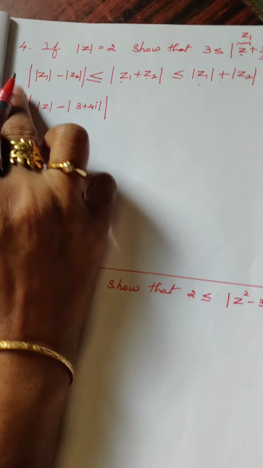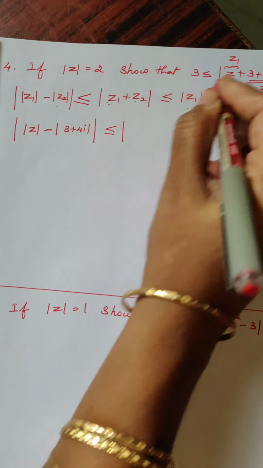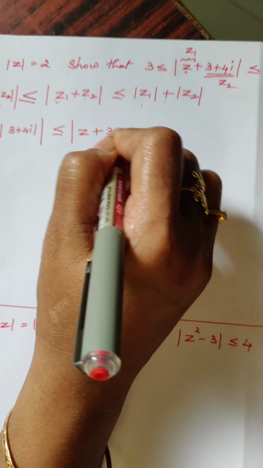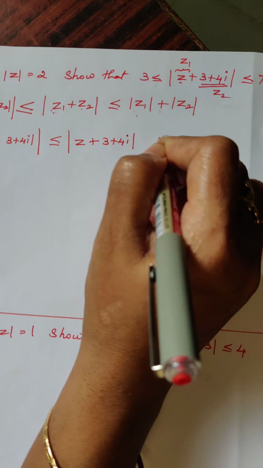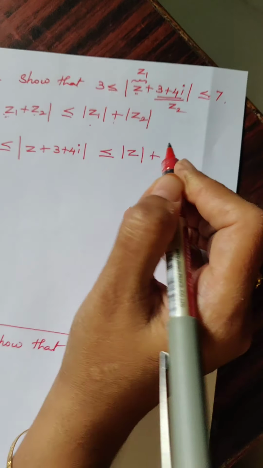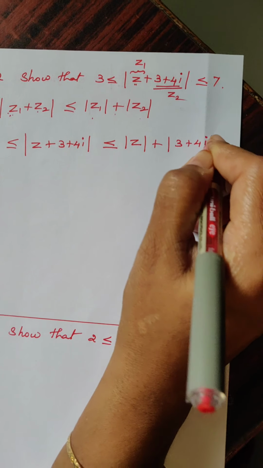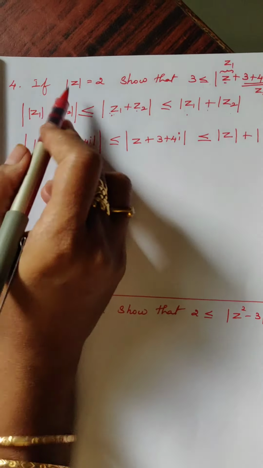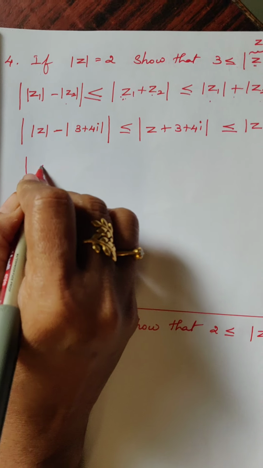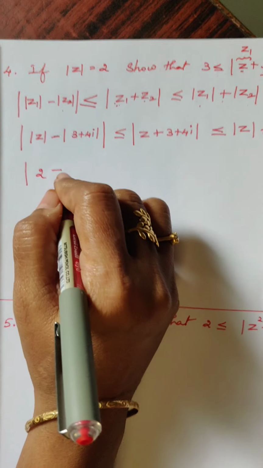In order to make it positive, I am taking the full modulus, lesser than or equal to modulus of z plus z2, which is 3 plus 4i, lesser than or equal to modulus of z plus modulus of 3 plus 4i. Clear in this problem? Already we know that modulus of z is equal to 2. I am going to substitute modulus of z as 2, minus what is modulus of this complex number?